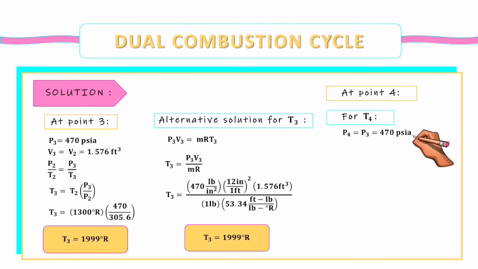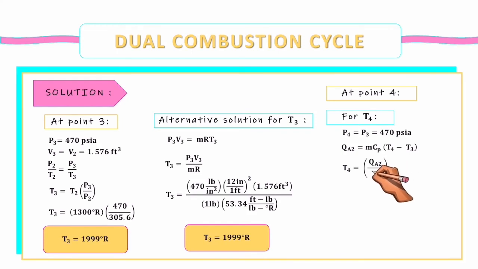Solving for the temperature at point 4, since the value of heat added at process 3 to 4 is already given, we can use the formula QA2 equals mCp multiplied by T4 minus T3, or T4 is equal to QA2 over mCp plus T3.